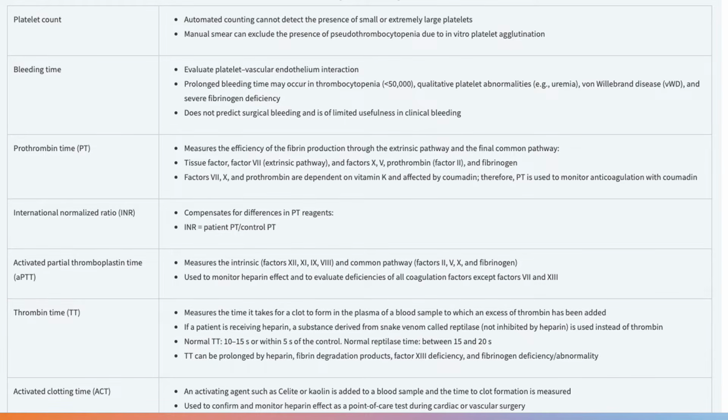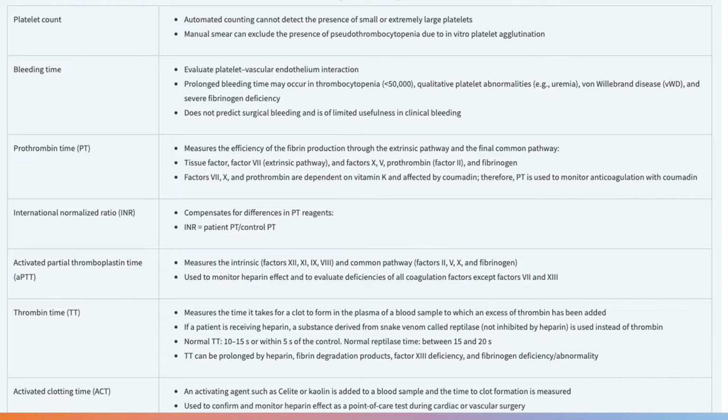Factors 7, 10, and prothrombin are dependent on vitamin K and affected by the coumarins, that is particularly warfarin, and therefore PT is used to monitor anticoagulation with warfarin. International normalized ratio, that is INR, compensates for differences in the PT reagents, and INR is equal to patient PT over the control PT, the patient's prothrombin time versus the control prothrombin time.